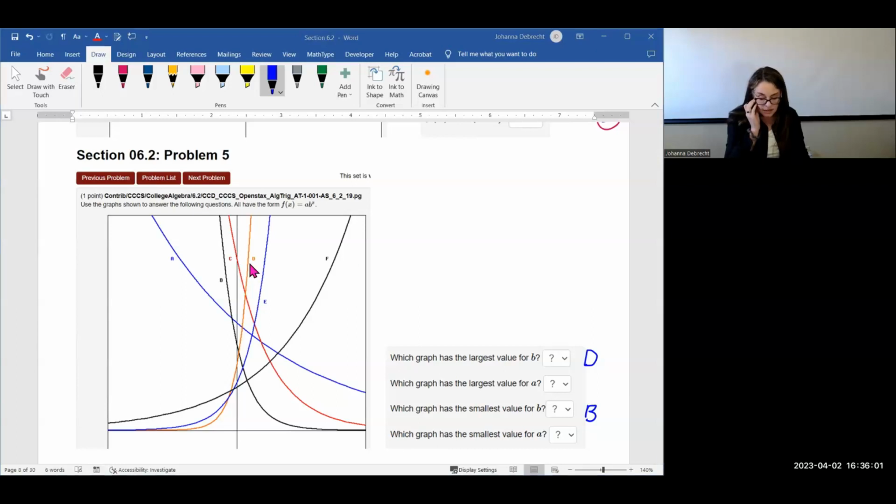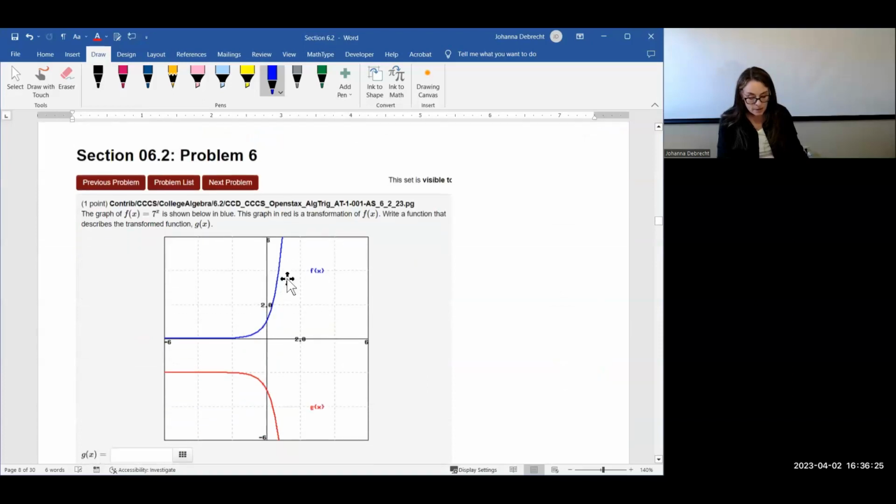So when we're looking at these, that would be the value of C right here. So on the curve C. So even though it's a decay, it has the largest initial value. Now, which one has the smallest value for A? That would be the one that crosses the y-axis at the lowest point, which looks like this.